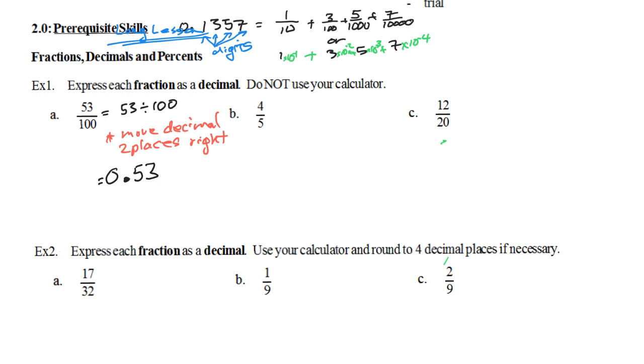Now we can do the same for the next problem, but this time we have to change our problem into something that looks like 100. So if I look at 4 divided by 5, in order to get 5 to equal 100, I have to multiply it by 20. Whatever I do to the bottom of the fraction, I have to do to the top. I call that Mr. Simpson's rule of 1, because 20 over 20 is just 1. Something over something which are identical ends up being 1.